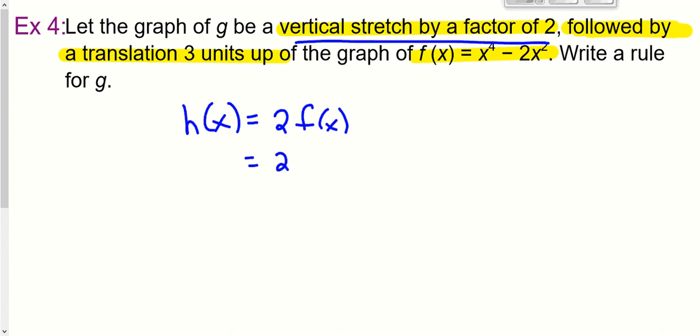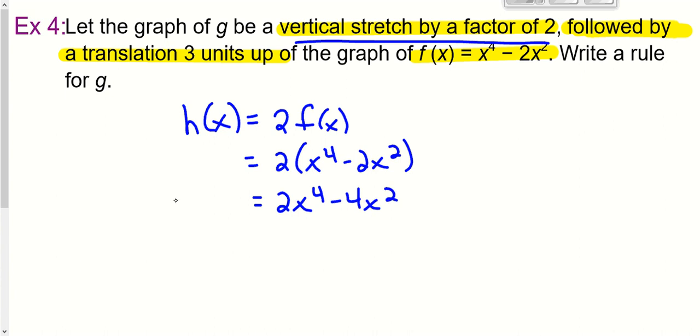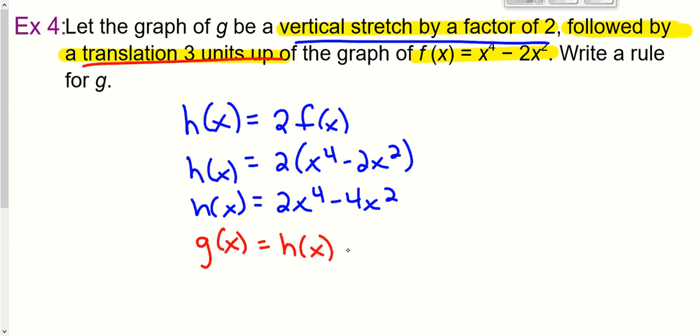So let's go ahead and do that. 2 times the x to the fourth minus 2x squared. Distribute, and we get 2x to the fourth minus 4x squared. So that is our h of x. Now we just need to get our g of x. That's the second thing here, translation 3 units up. So that is just going to be h of x with our plus 3 on the end.